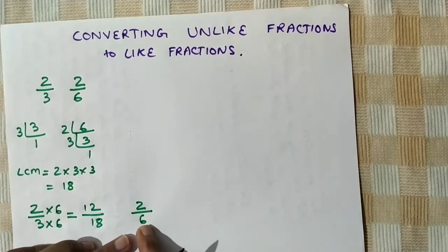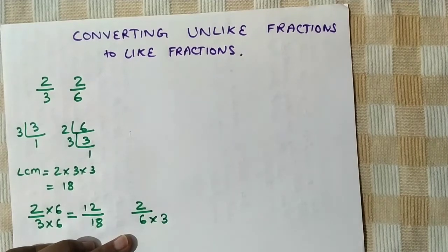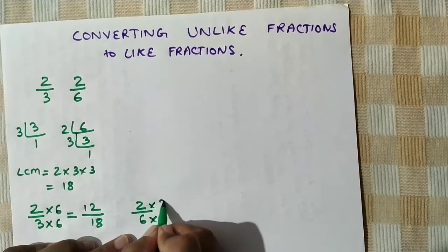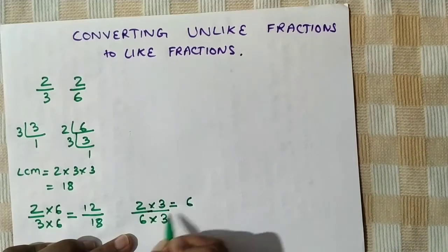So 6 times how much is 18? 6 threes are 18. So multiply the numerator with the same number. 2 threes are 6, 6 threes are 18.